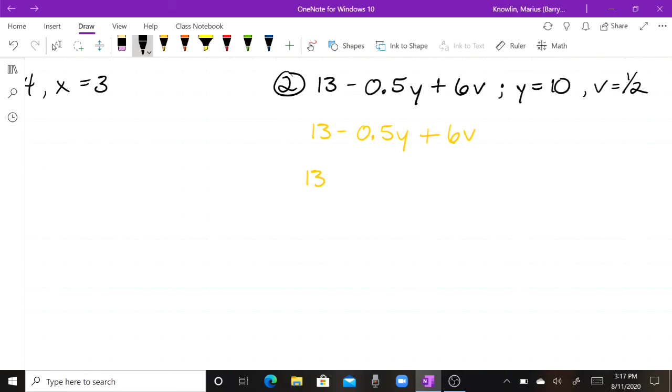So once again, 13 minus 0 5/10 times, well, y is going to be 10, plus 6 times v is 1/2.